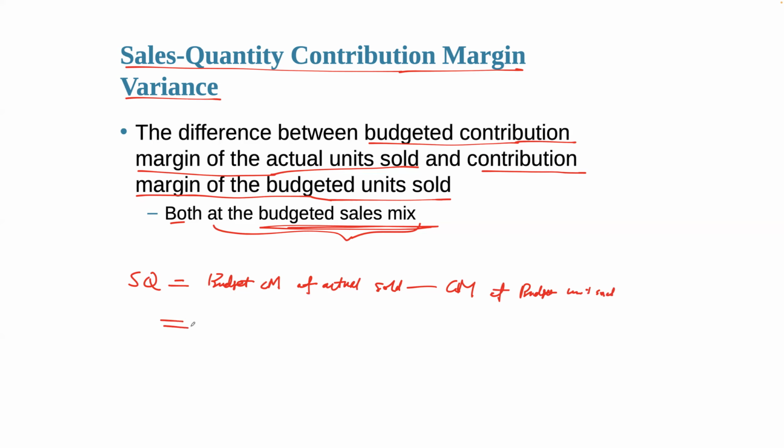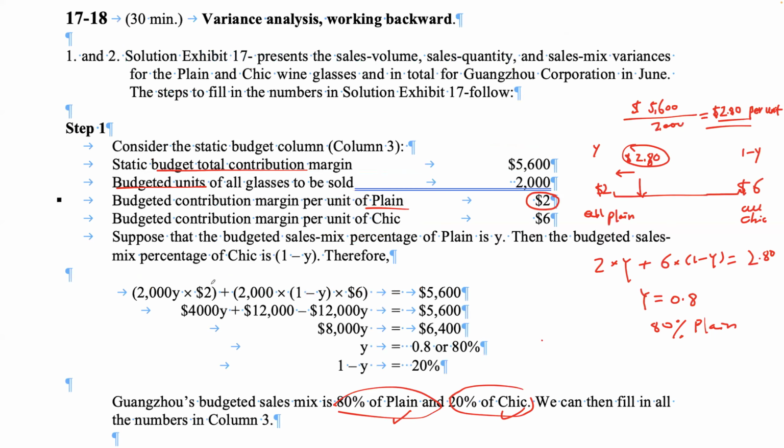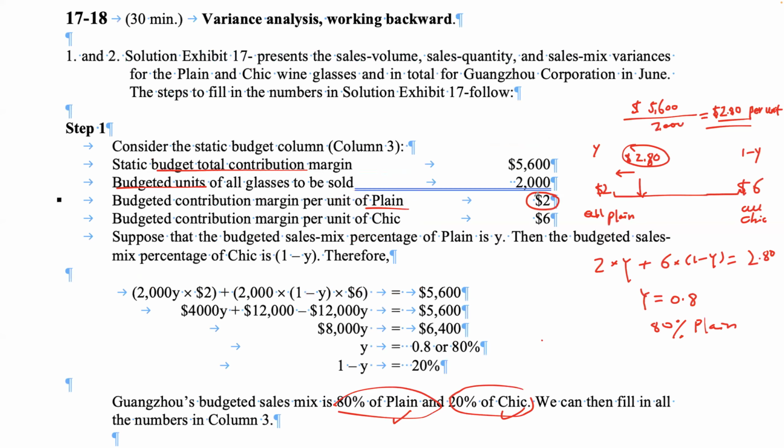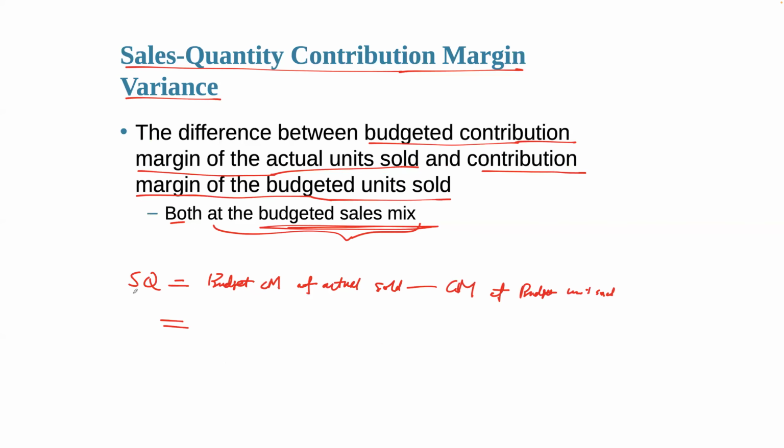So what is my sales quantity variance? It's unfavorable, 1,400. So this one is negative 1,400. And then this one is what we want to figure out, minus the contribution of budget units sold.